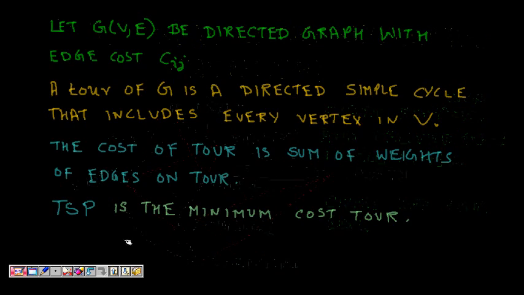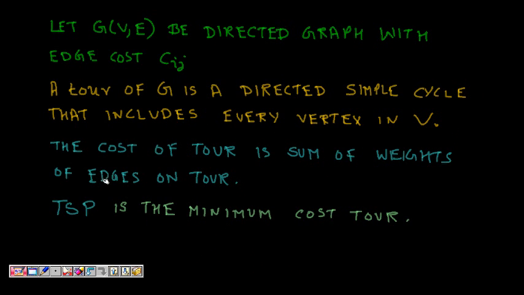So in graph theory we can represent it as: let G(V, E) be a given graph with vertices and edges, and it's a directed graph with edge cost given by Cij, which is 0 when the node goes to itself, and it is some finite value otherwise, and if two nodes are not connected, then Cij is equal to infinity.